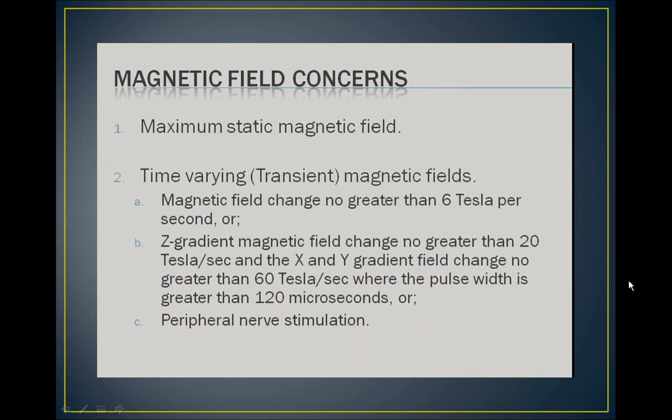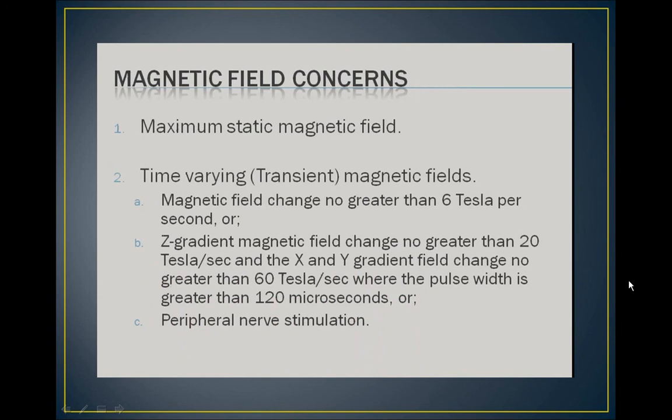And number two, time varying or transient magnetic fields, where A, the magnetic field must not exceed a change greater than 6 Tesla per second, or B, the Z gradient magnetic field must not exceed a change greater than 20 Teslas per second, and the X and Y gradient must not exceed a change greater than 60 Tesla per second, where the pulse width is greater than 120 microseconds, or C, to ensure the rate of change of the magnetic field will not cause peripheral nerve stimulation in the patient.